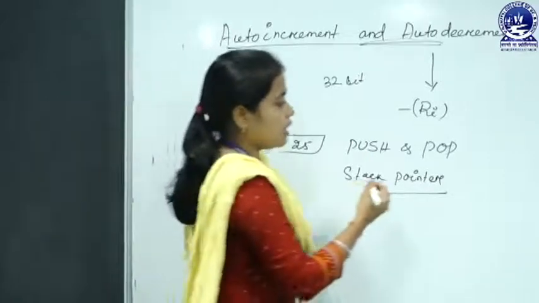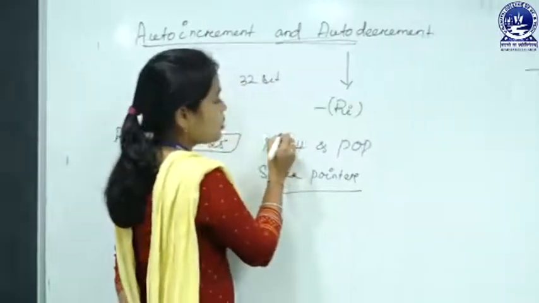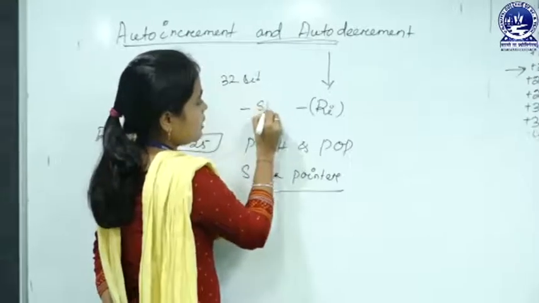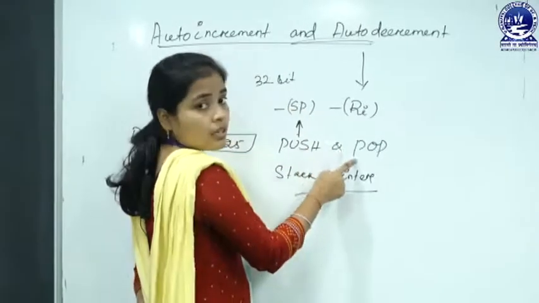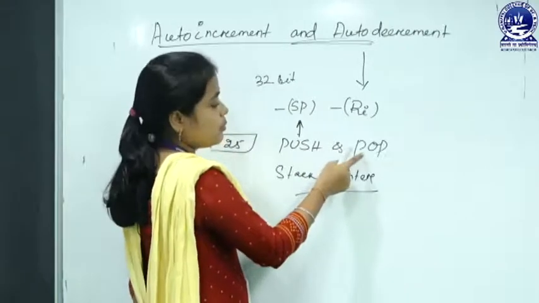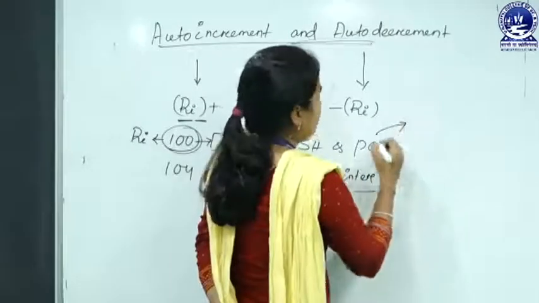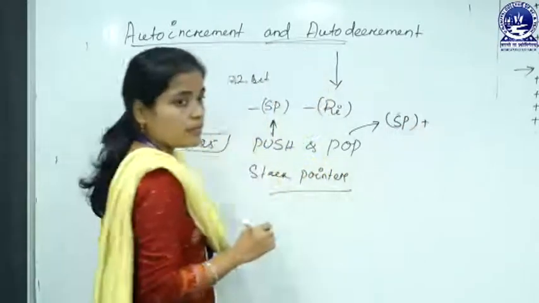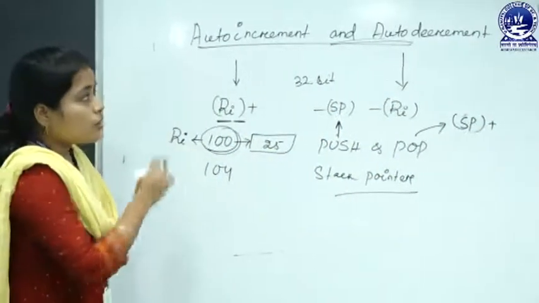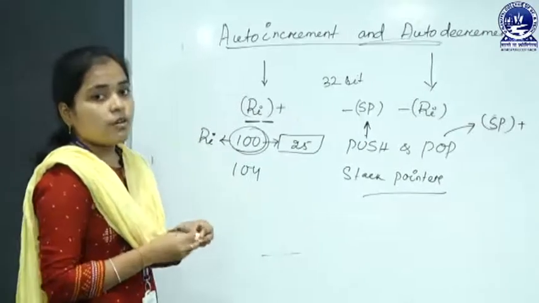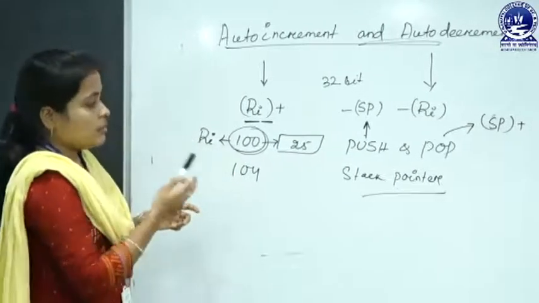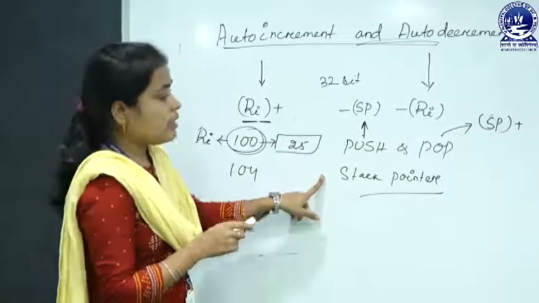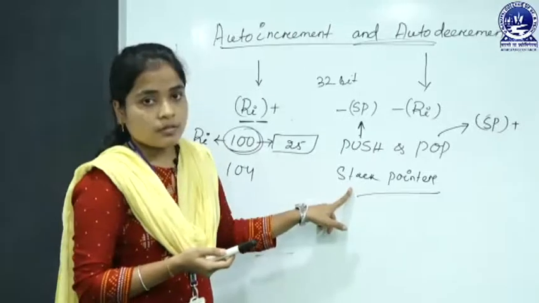That is why, when I perform the push operation, we use auto decrement, and when I do the pop operation, I use the auto increment addressing mode. So, this addressing mode is basically used in stack operations for incrementing or decrementing the stack pointer.